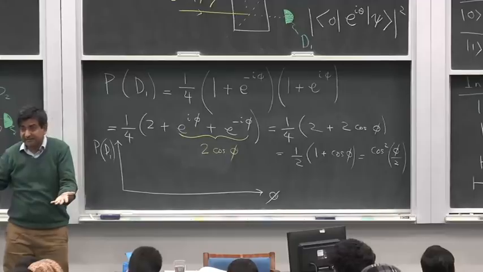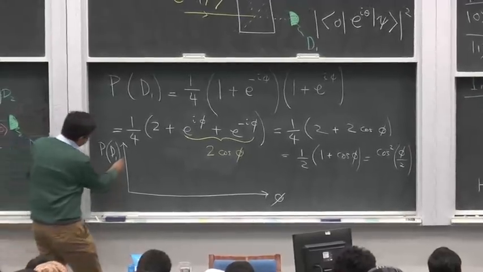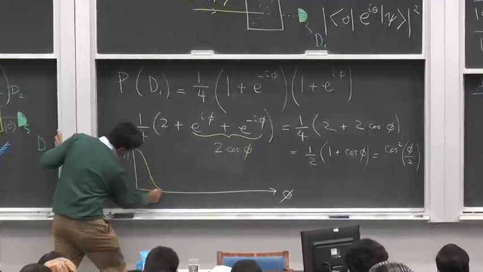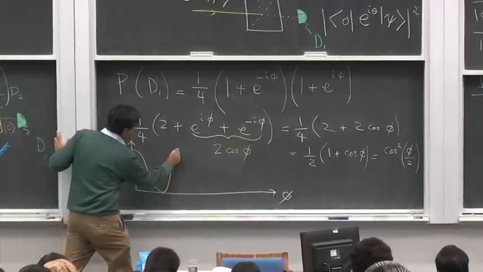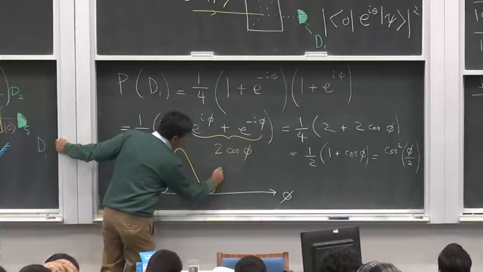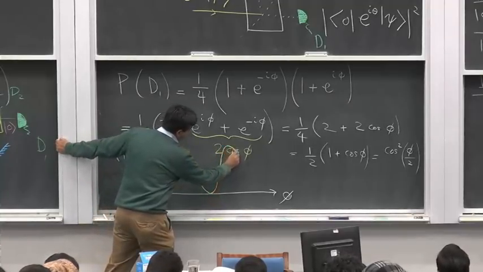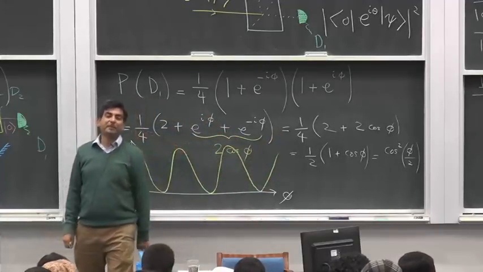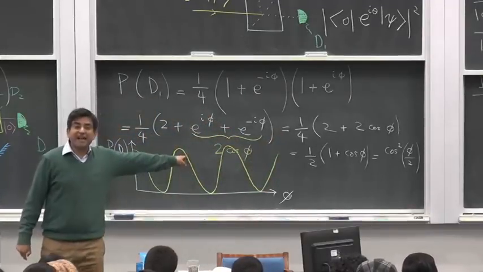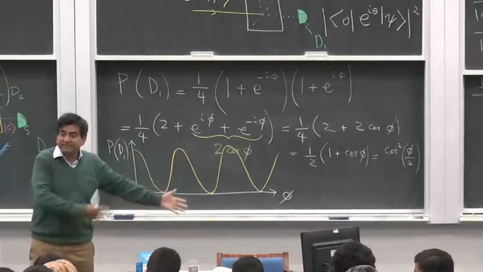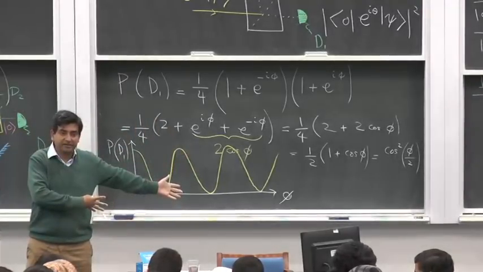Which makes sense. Real number. It's going to look like this. And remember, when we looked at the double slit interference pattern, we exactly get a cosine square of some factor. It's exactly interference that's happening here.